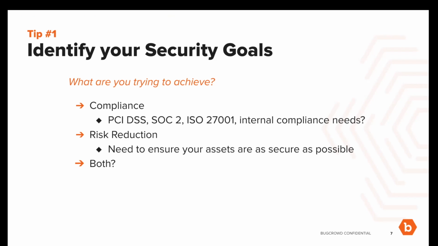So again, think about which of these two are driving your penetration test needs. And that'll help simplify a lot of the vendor selection criteria, as well as, even if you're doing an internal pen test, help identify how you should approach the pen test within your organization.